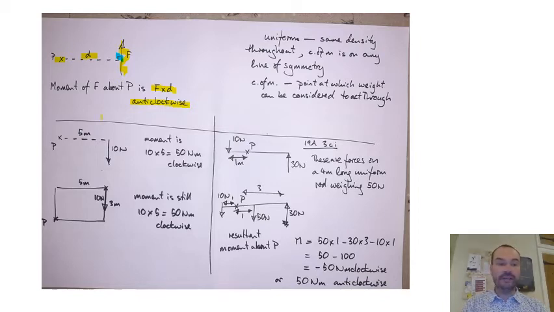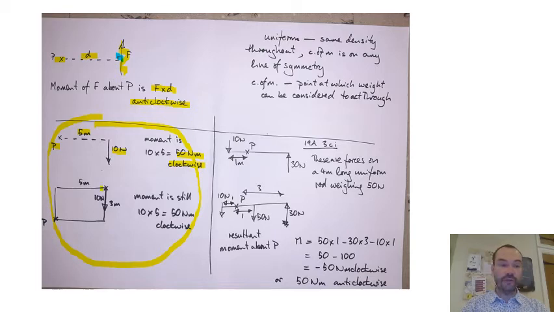So if we look at these examples here, which I think match the ones at the beginning of 19A, if that force of 10 acts at a distance of 5 meters from that pivot P, then the moment will be 50 newton meters, and you've got to say clockwise. Now, they do like questions where you have things like a rectangular lamina, and a lamina is a flat shape with no thickness.